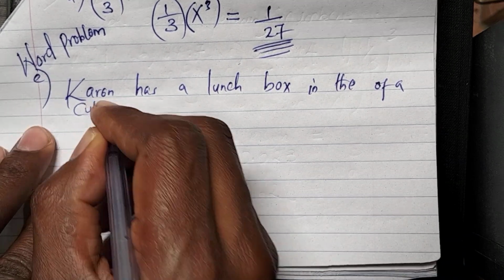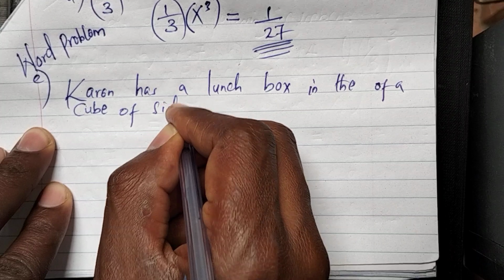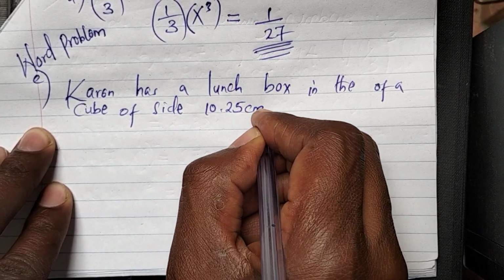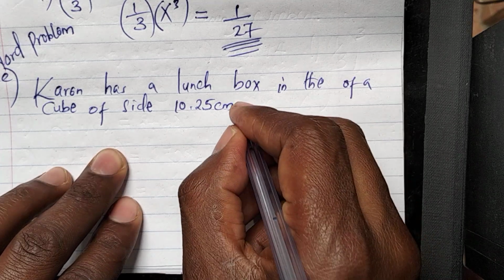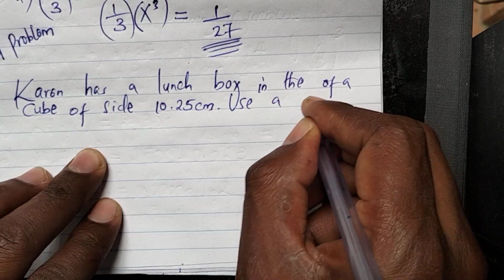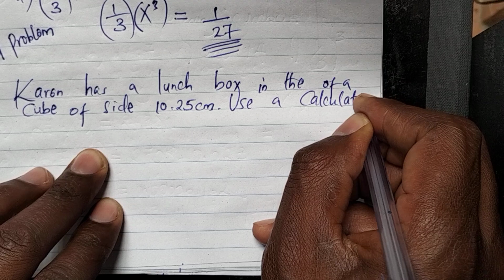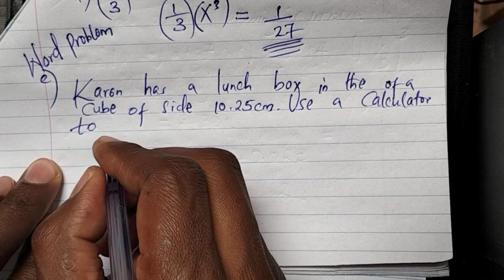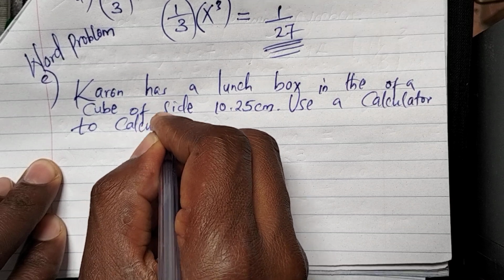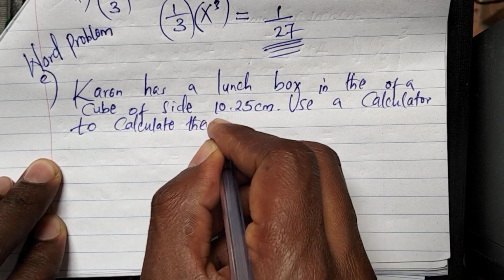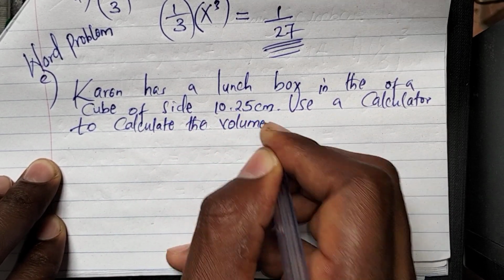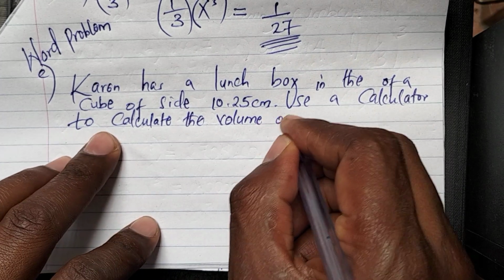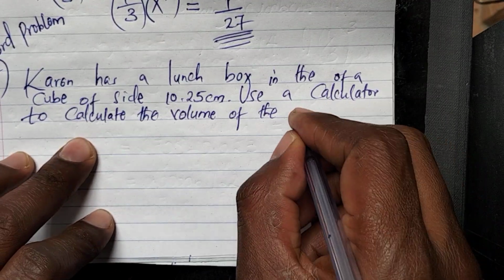Use a calculator to calculate the volume of the lunchbox, giving your answer to 2 decimal places.